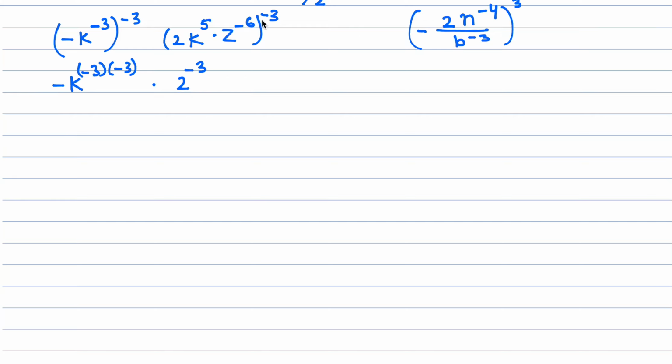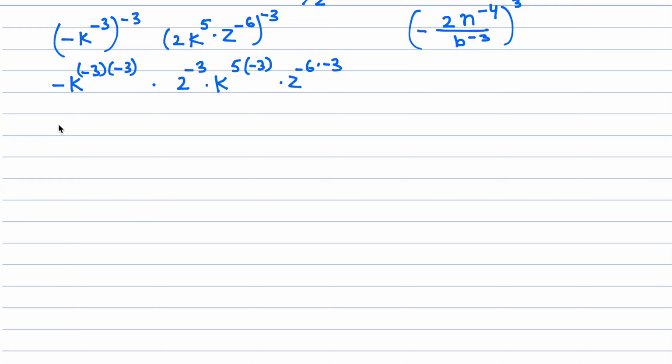This is one way that you distribute it first, times k to the power 5 times negative 3. Here I am applying the power to power rule to all the 3 factors, right? 5 times negative 3, z to the power negative 6 times negative 3. So I have distributed the power to them separately, to 2, to k and to z, all of them.